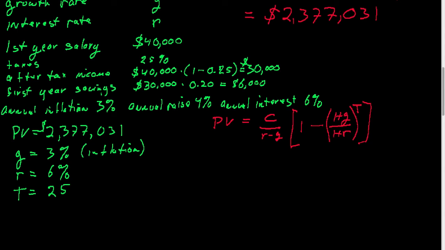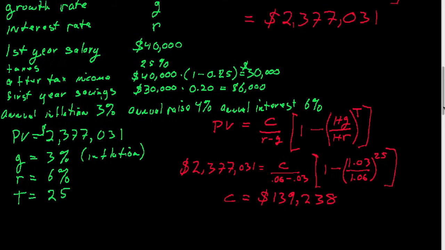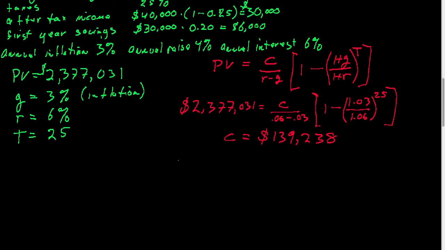Plugging in numbers, we get $2,377,031 equals C divided by 6% minus 3% times 1 minus 1.03 divided by 1.06, all raised to the 25th power. Solving for C, we get $139,238. That's your income in your first year of retirement.